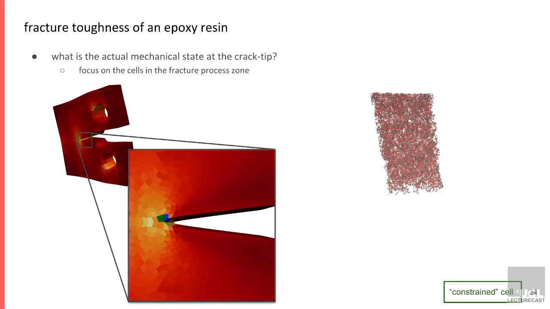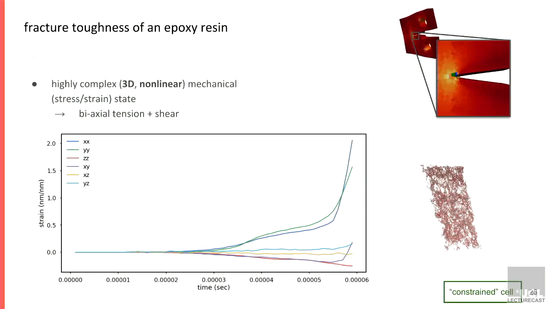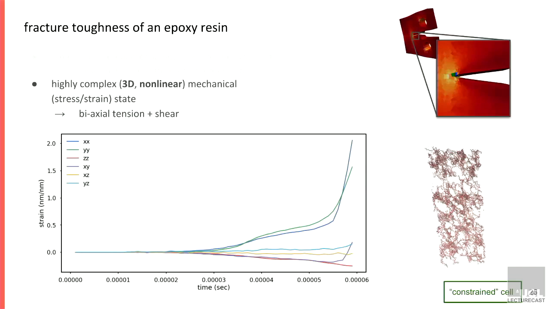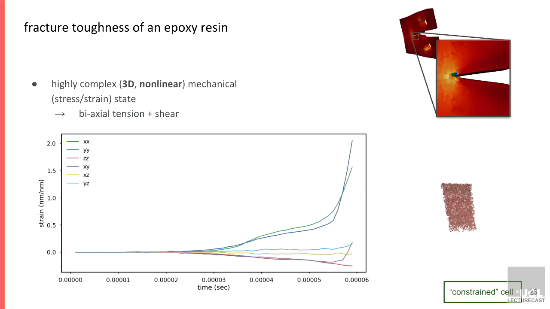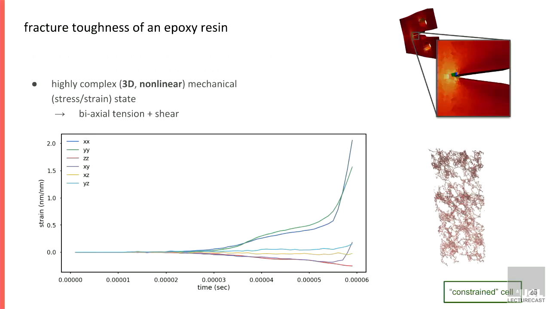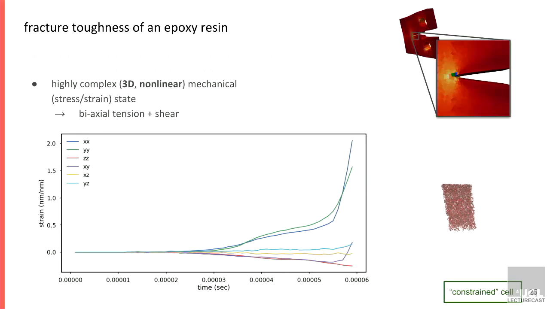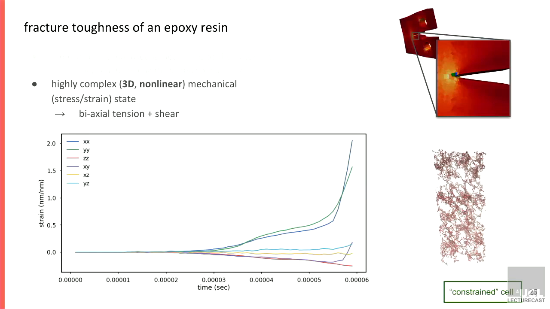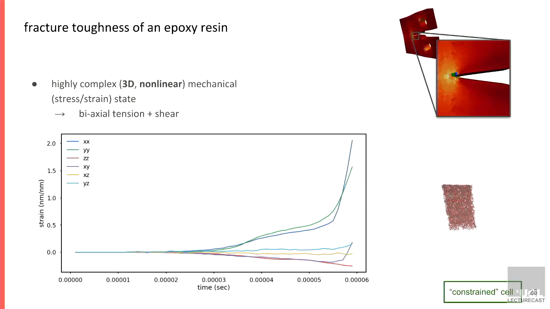That's the complete strain tensor that you get. You have two main components of tension in the XX and YY directions, and then a little bit of XY shear.